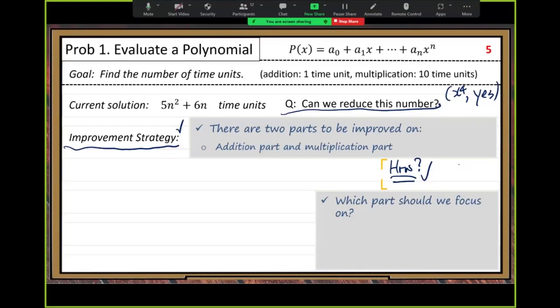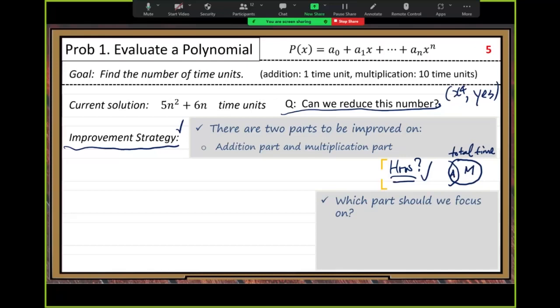Let me draw a diagram: I use a circle to represent the total time used to calculate a polynomial. I divide it into two parts. The multiplication, the m part, is the bigger part, and the addition, the a part, is much smaller than the m part.